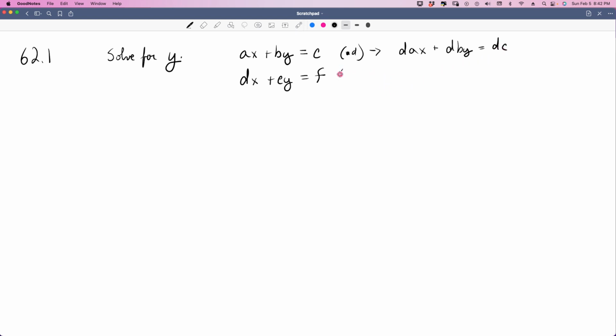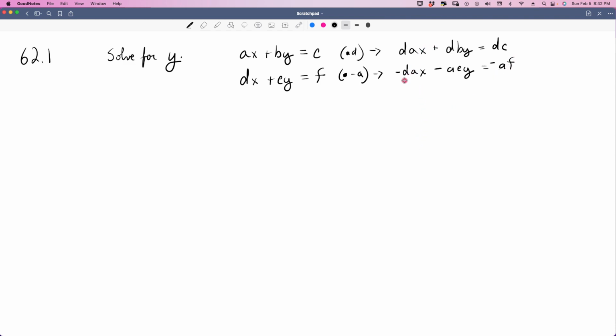And if we multiply this by negative a, then we get a negative dAx, or I should say minus aEy is equal to a negative aF.